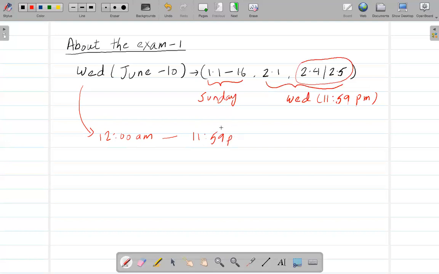The time interval is just like the quiz, so you will get 24 hours. I think 24 hours is enough time. Even if you work, you can still do the exam after you're done with work. So just manage your time however you want that day. I don't think there should be any trouble with the timing, because I'm giving you enough time.